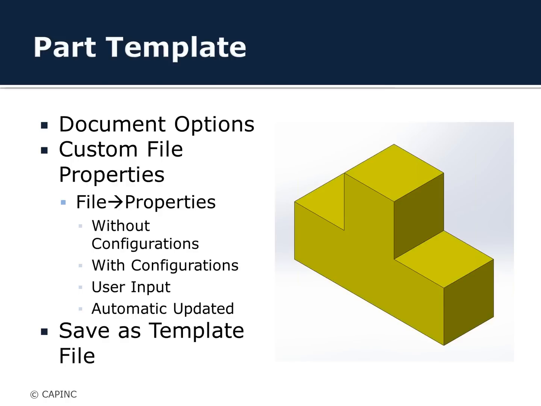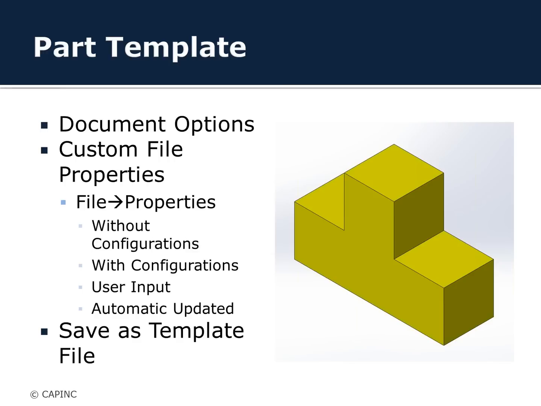So here's the part template that we're going to go over. We're going to set those document options. Then we're going to dive into something called custom file properties, and this is found under File Properties in the SolidWorks menu. There are going to be two major tabs in there that you're going to use. One has to do with just the part file and setting up a property that applies to the part in general.